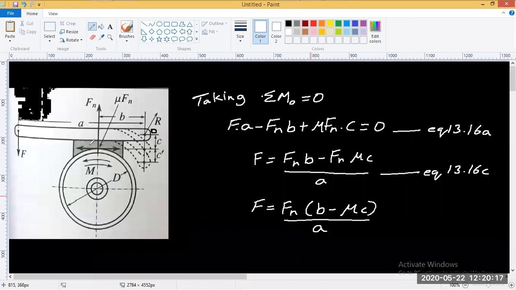B is nothing but the distance from the pivot point. So if b is lesser, that means this is negative, right? If it is negative, that means you don't need any force. That means it will be almost engulfing this sheave here. So thereby no force is required for braking, which means the brake itself is useless, right? So that's where you have the splitting here.